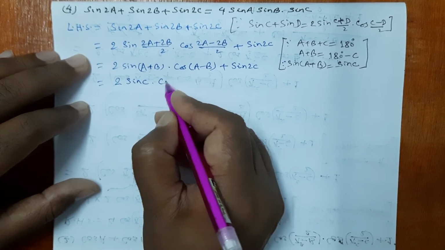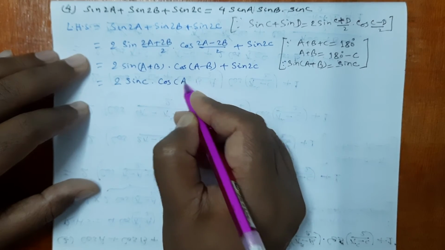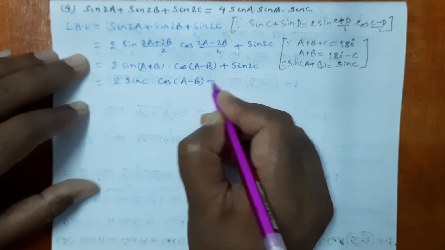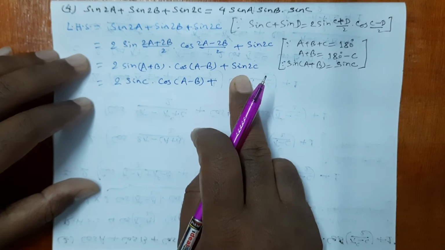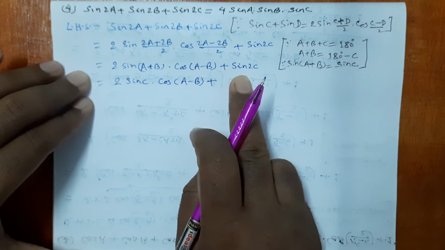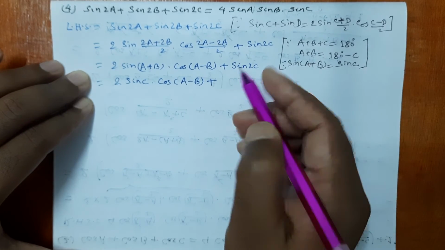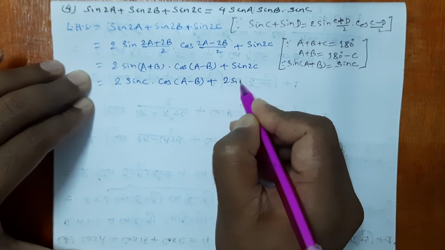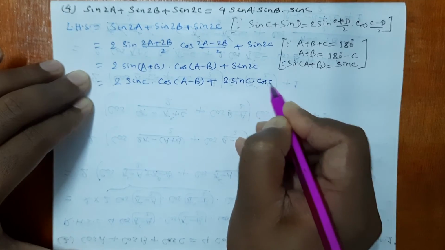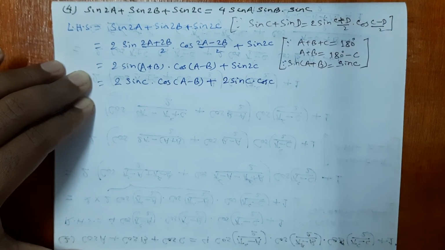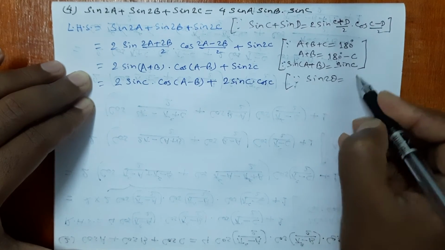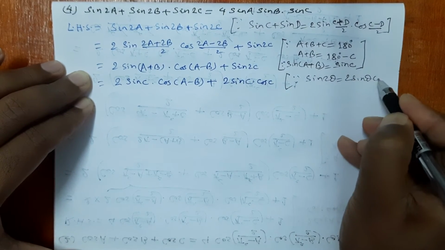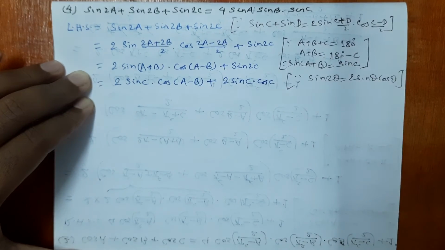Now 2 sin (A plus B), from here we have already got that, that is sin C, times cos (A minus B), plus here is sin C. To take out common, this also we can express in terms of sin C. The sin 2C formula is 2 sin C cos C, because in the previous question also I have written that the sin 2 theta formula is 2 sin theta cos theta.